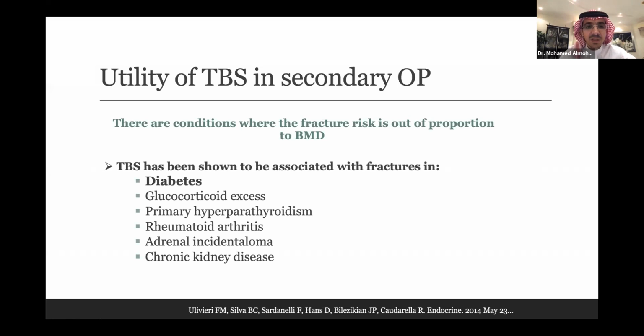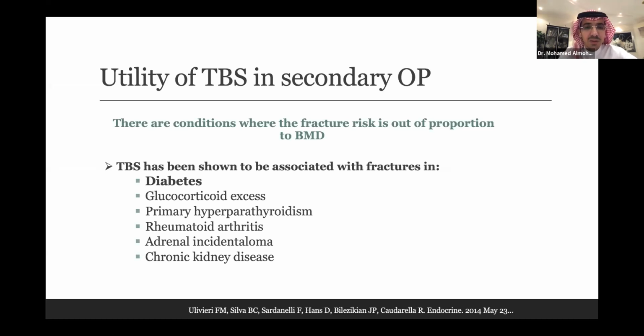TBS has been shown to be an additive tool that helps us predict fracture risk, like in type 1 and type 2 diabetes, in those taking glucocorticoids, either iatrogenic or Cushing syndrome, in primary hyperparathyroidism, where there is a dramatic effect on the TBS and on fracture risk prediction, and also in rheumatoid arthritis, adrenal incidentaloma, and CKD, mainly stage 3 and 4, where we have very low TBS that might not be appreciated by the BMD alone.